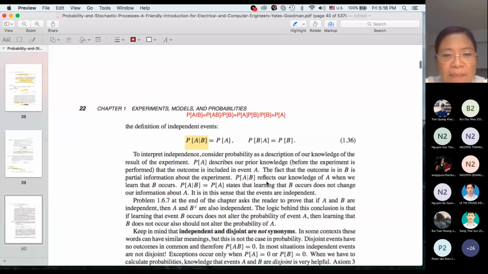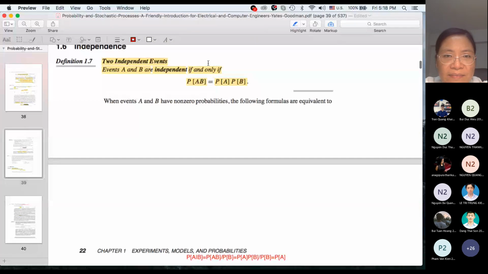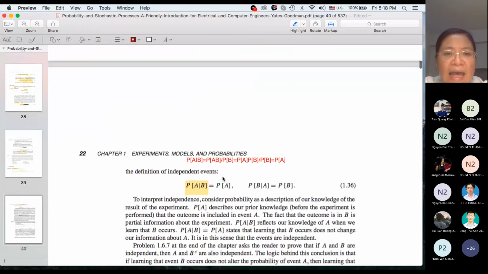So it is called independent. Some students often confuse independent and disjoint. They are not synonyms. Independent has this definition. Disjoint means that probability of A and B equals 0.